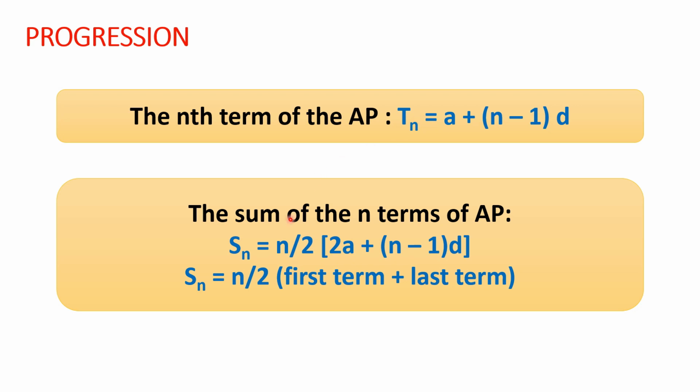And if you want to find the sum of n terms of the AP, then the formula is Sn equal to n by 2 into 2a plus n minus 1 into d. Or it can also be calculated with another formula, which is Sn equal to n by 2 into first term plus last term. According to the given equation or sequence, we have to use the respective formulas.